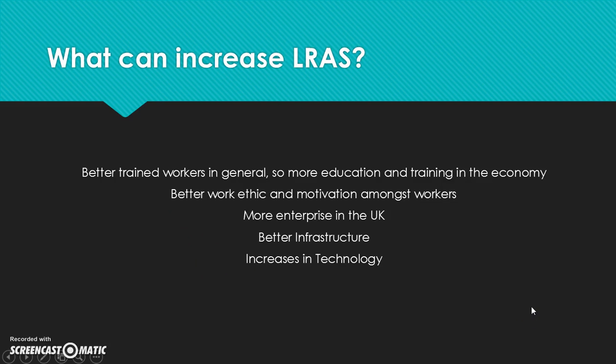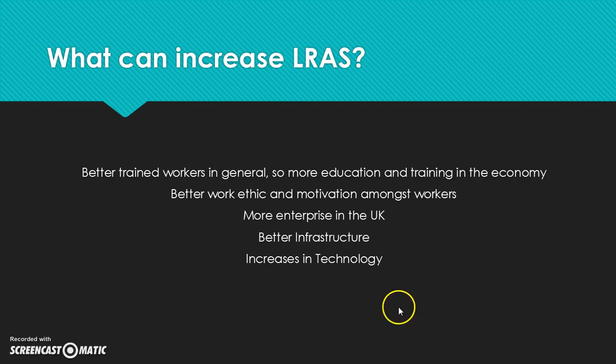Now, there are ways to shift long-run aggregate supply, but these are things that must happen in the economy that are very large changes. So they're not small things, they're things that would affect the economy for a long time in the future. They're going to affect it for years and years and years.